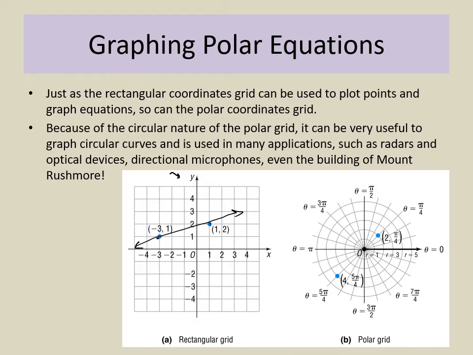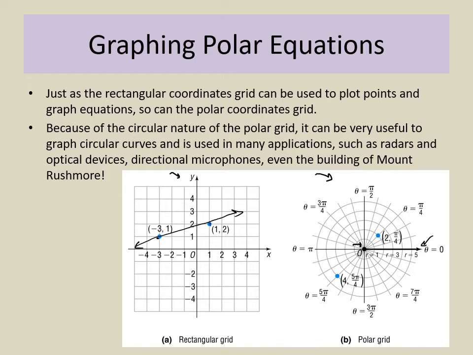Polar coordinates also do have a grid. The grid looks like this. It's a circular grid. Now we know certain things about this grid already. We know that this here is the pole, that point that coincides with (0, 0), and we know that this here is the polar axis.